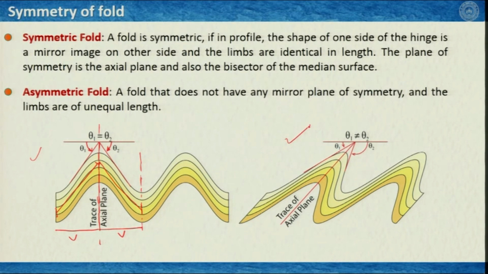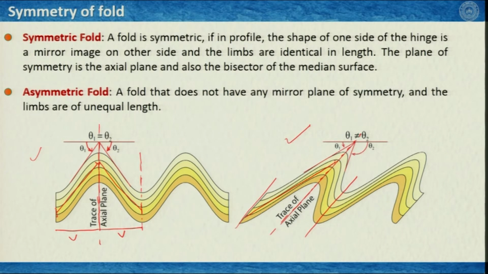In contrast, in an asymmetric fold, there is no plane of symmetry, or there is no plane of mirror image. So, you can see that if I consider this segment of this fold and this line, or any other line, you cannot produce a mirror image of the other side. Therefore, this fold is asymmetric.